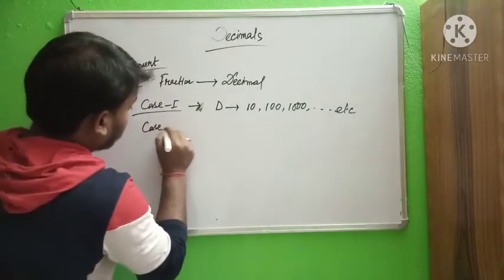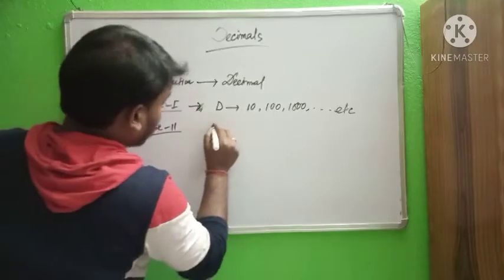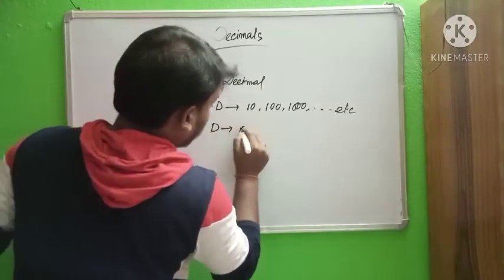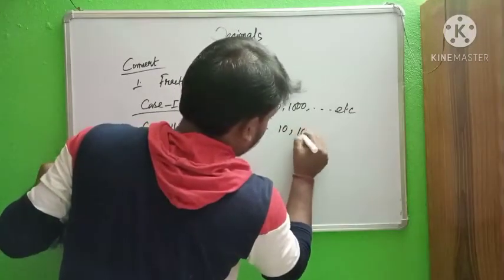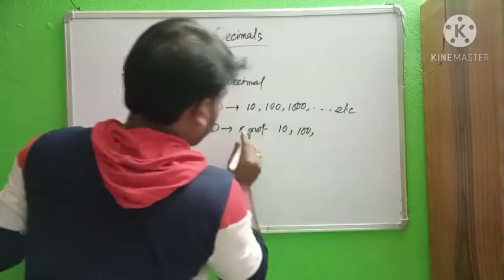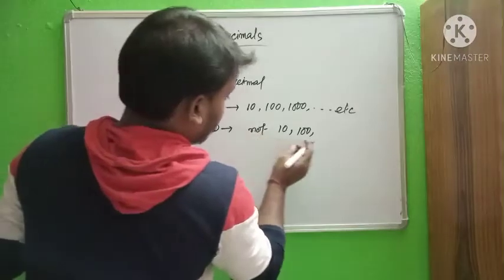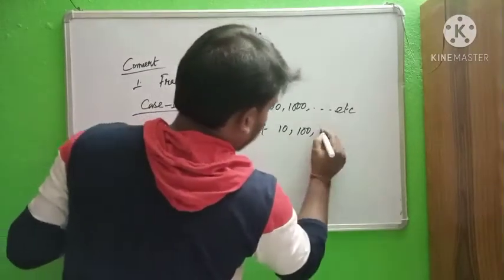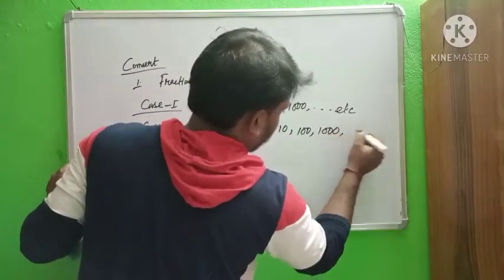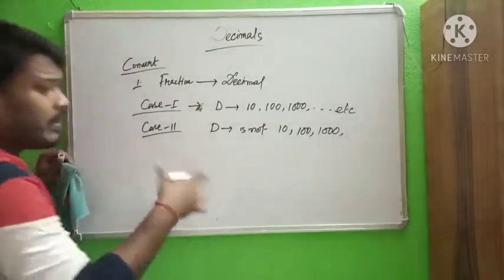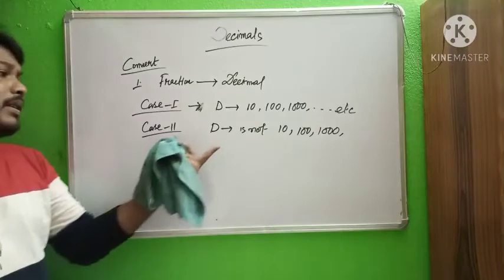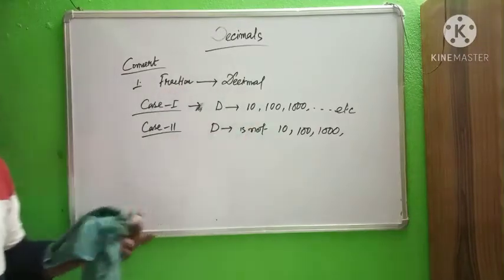Case 2, when the denominator is not 10, 100, 1000 or 10,000. Here we can convert the fraction into decimal in two processes.